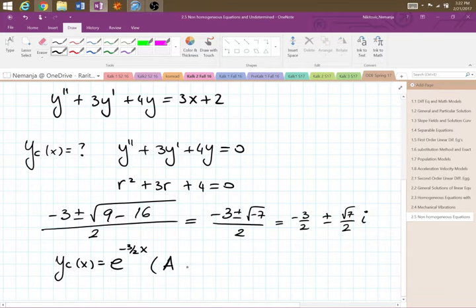A cosine of root 7 over 2 x plus b sine of root 7 over 2 x. So that's our complementary solution, which is the solution on the left side.